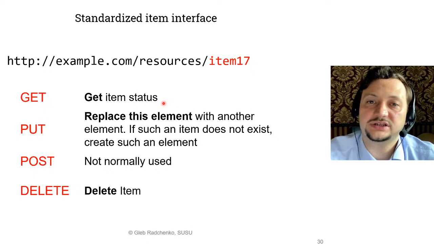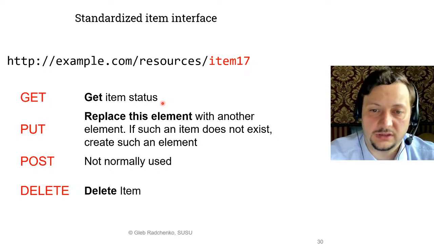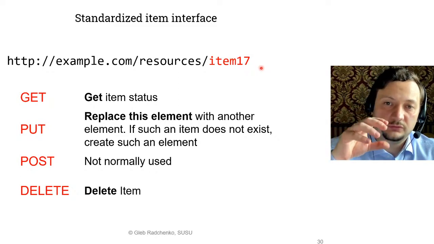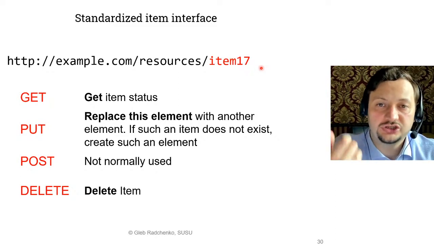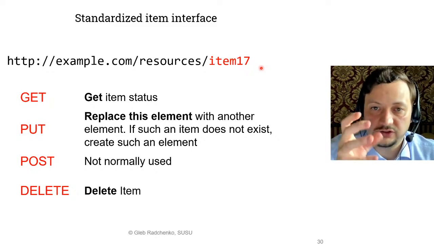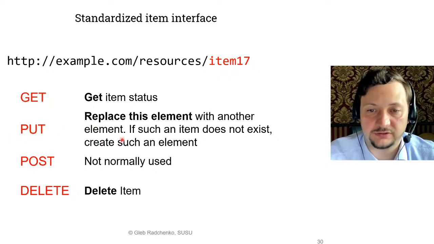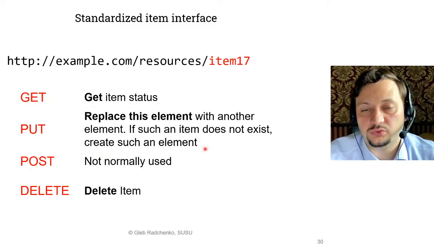It would send us the contents of this object. If we invoke the PUT method on this object, resources/item17, and provide the necessary information about the new state of item 17, then this request would replace this element with another element. If such an element doesn't exist, then this element would be created.